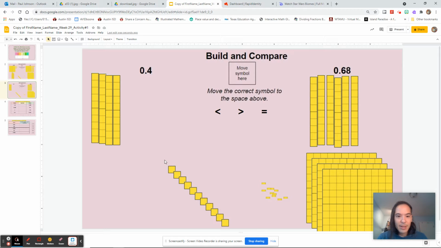Oh, that's too many. That would have been nice if that worked. We can move like 4 at a time now. There's 4. In fact, I'm being lazy. I'm going to copy and paste 4 more. Okay, so we have 1, 2, 3, 4, 5, 6 tenths, and then 4, 5, 6, 7, 8 hundredths.